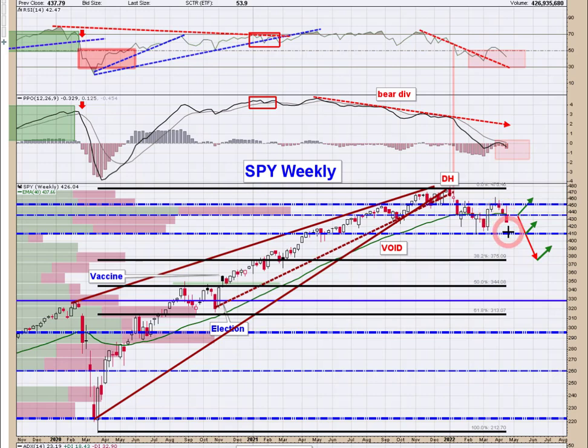So now at a bare minimum, we come down here and test these February lows, and I've got the Fibonacci retracement levels here in black off of the COVID lows, and that shows us that even a nominal 38% pullback brings us back into the 380 area.